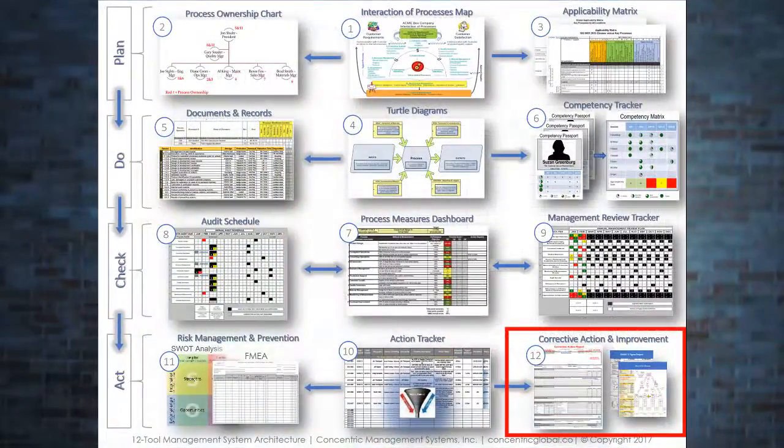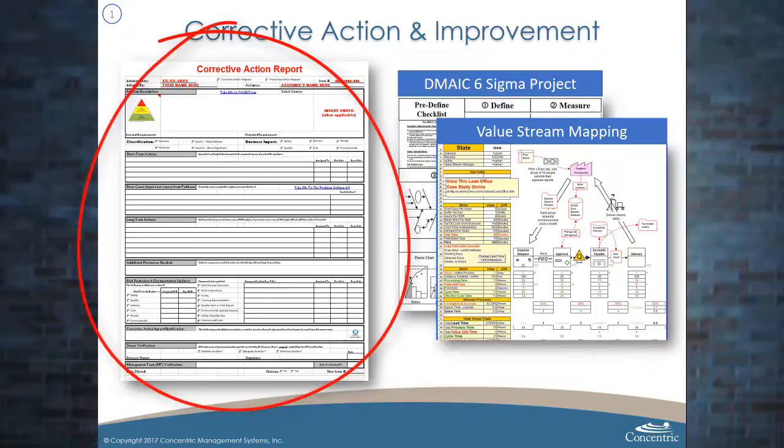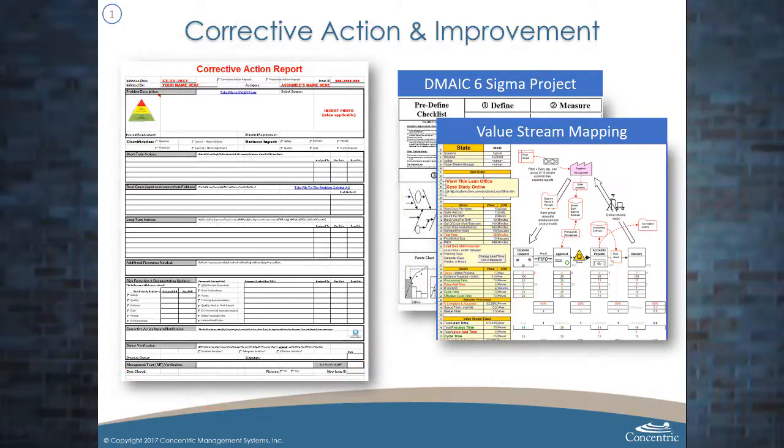And finally, we have tool number 12, which is corrective action and improvement. And these are two reports here, or one report on the left, which is an actual form, a corrective action report. This is your traditional track for something that's severe enough to be driven down to root cause and managed through short-term correction, long-term corrective action, and then verification and validation to ensure that the action taken was effective to prevent recurrence.